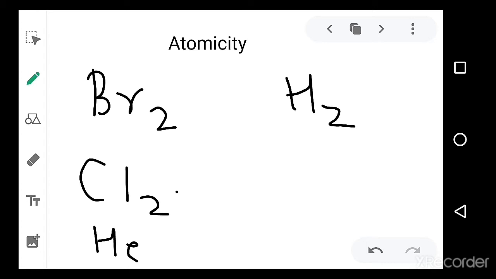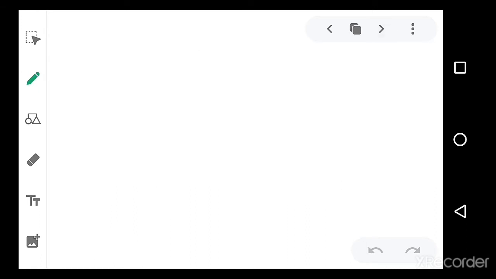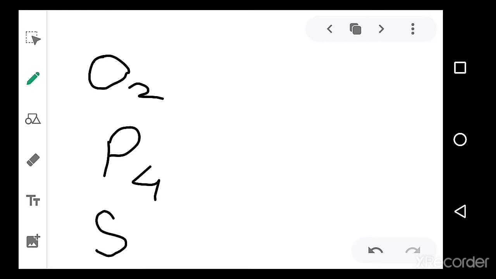Then nitrogen, atomicity is 2. For oxygen, atomicity is again 2. For phosphorus the atomicity changes, it is 4. And for sulfur, atomicity is 8.